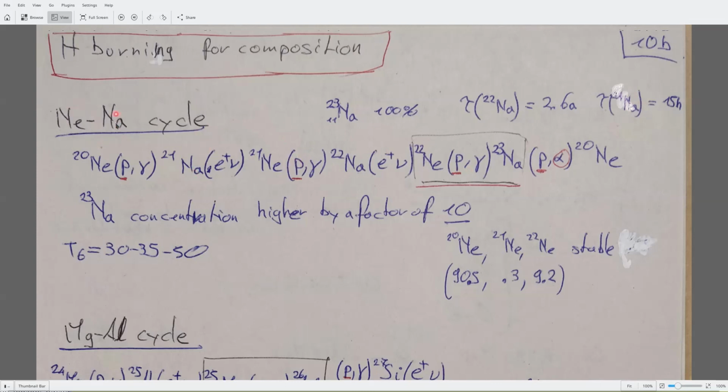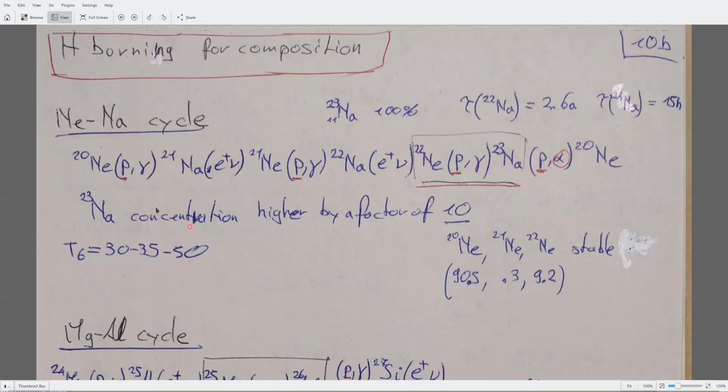In the neon-sodium cycle, you have this. The main part, you see, is proton, proton, proton, proton, producing helium, starting with neon 20 and stopping with neon 20. But the most important is this one, because this element is quite stable and doesn't interact really well.